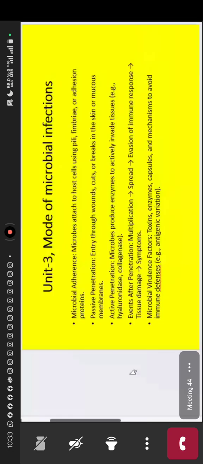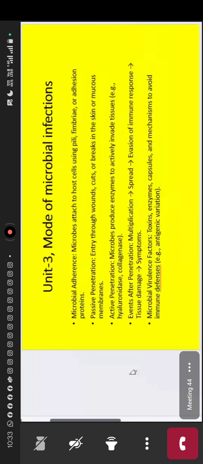What factors does a microbe have to infect the tissue or spread the infection? These are the virulence factors. And what are the virulence factors? They are the toxins, the enzymes, the capsules, and the mechanisms which the microbe has to destroy the immune defense of the host.